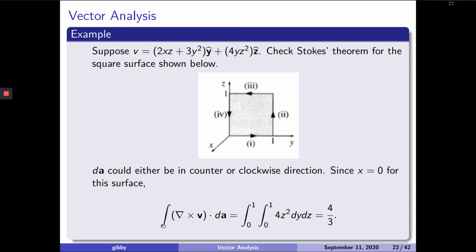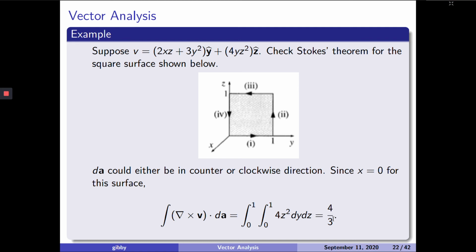Okay, so you just have to perform this. I'll leave that to you: del cross v, and then you get this, and then substitute x equals 0, you can actually get this, and it is equal to 4/3.